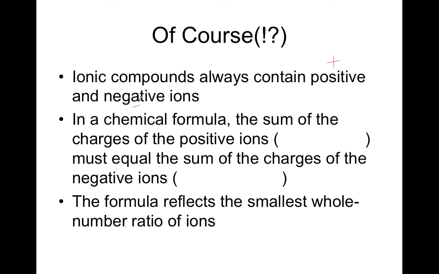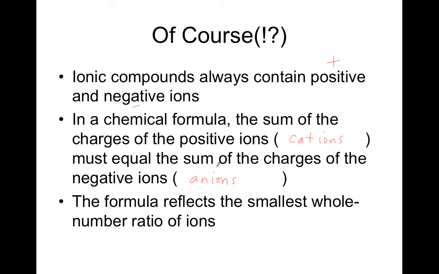In a chemical formula, the sum of the charges of the positive ions, and what is the name of positive ions again? Say it out loud. Cations, right, must equal the sum of the charges of the negative ions. And what are the negative ions? Anions. Okay.